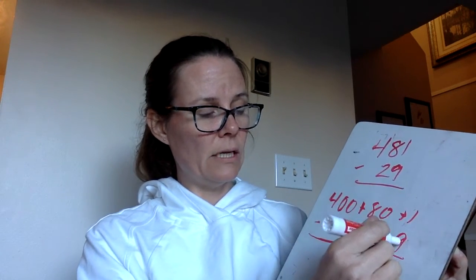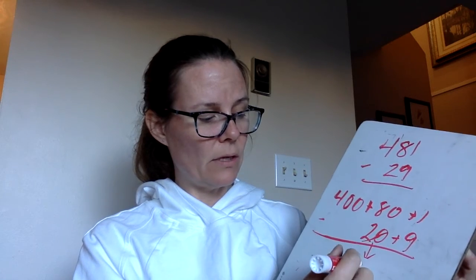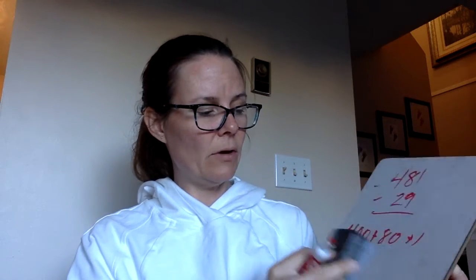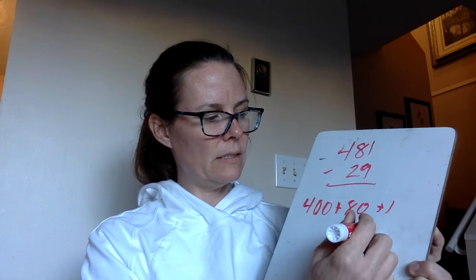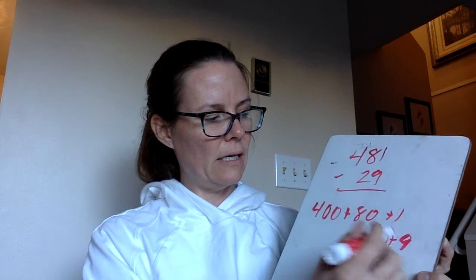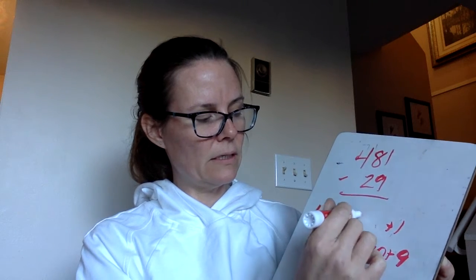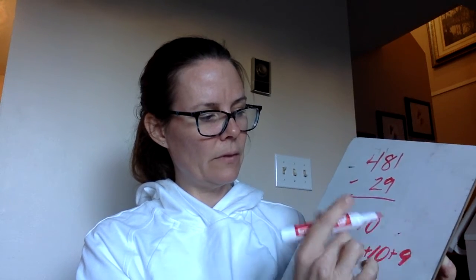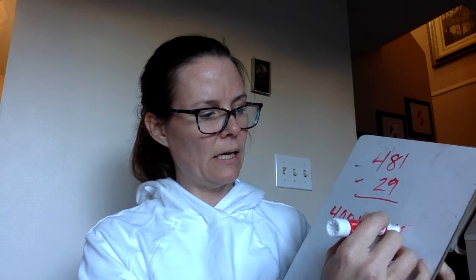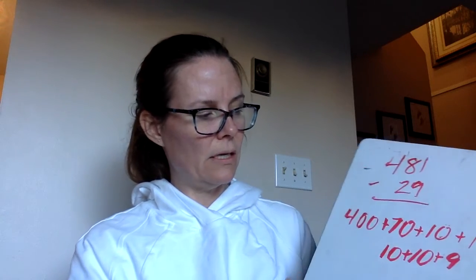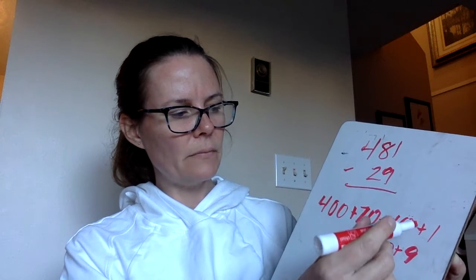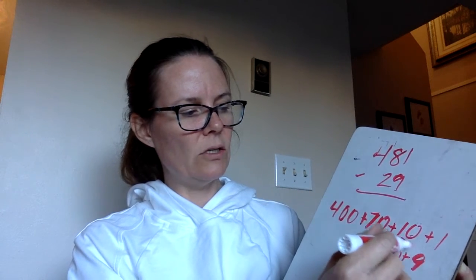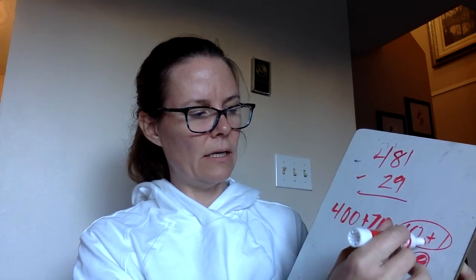So 1 take away 9, I can't do this. So I have to break this number. This number has to go down. So I need to look at this as 10 plus 10 plus 9. I have to look at this number as 70 plus 10 plus 1. This is where I get confused. Okay, so I can do 11 take away 9.